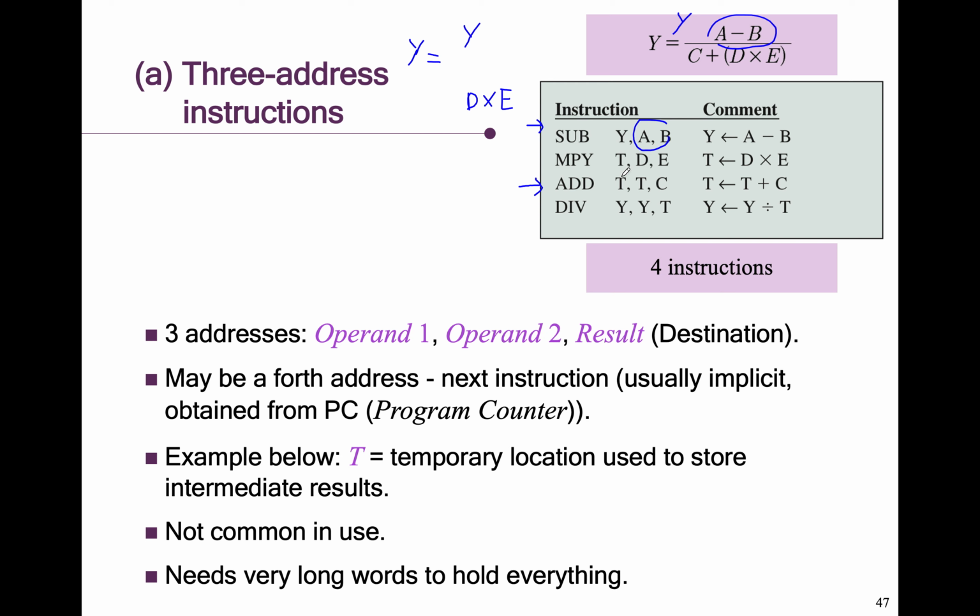For the third one, you have add, which is T, you add with C: T plus C. Okay, this one is going to be T, D multiplied with E.